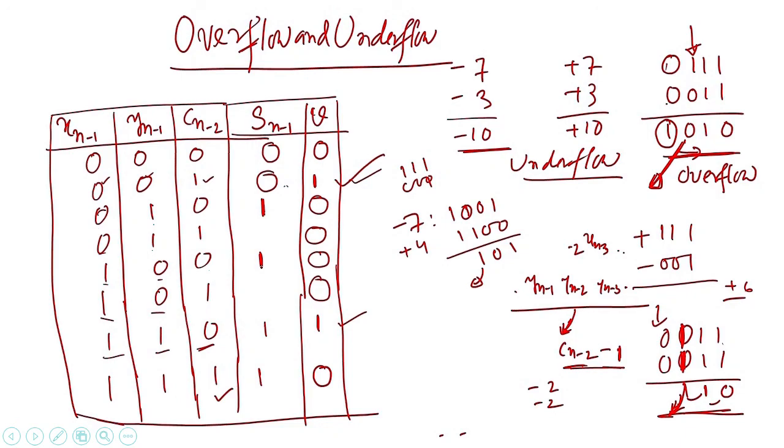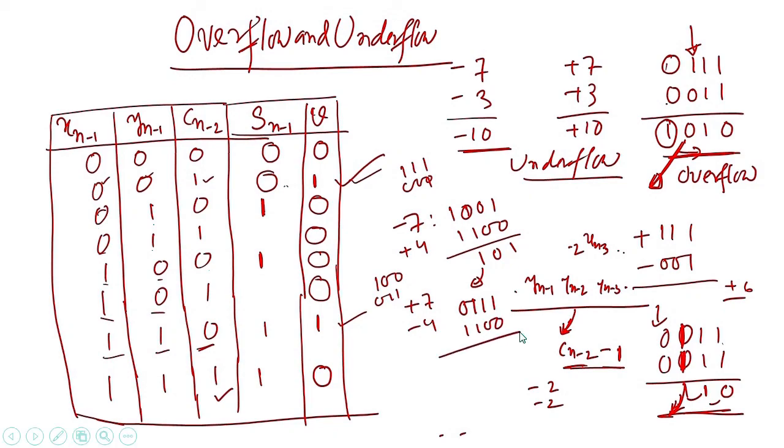Now, you add plus 7 and minus 4. What will happen? Plus 7 is 0 1 1 1, and minus 4, the corresponding complement, is 1 0 0, so it will be 1 1 0 0.